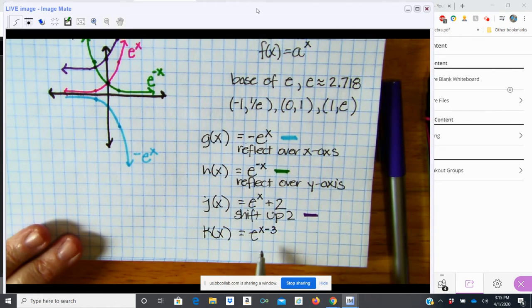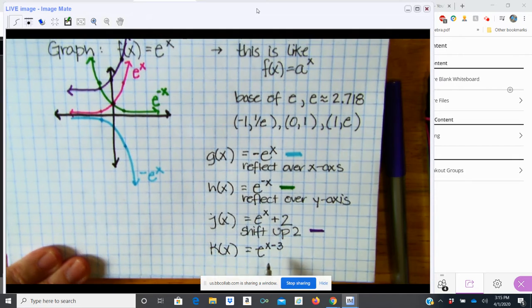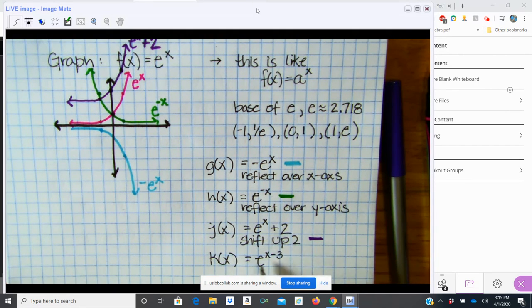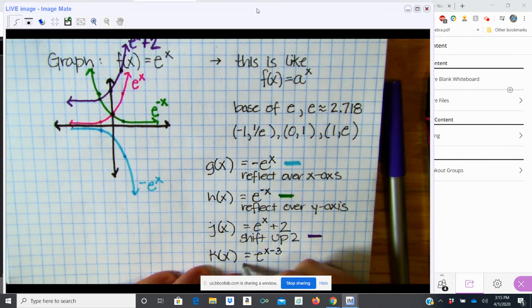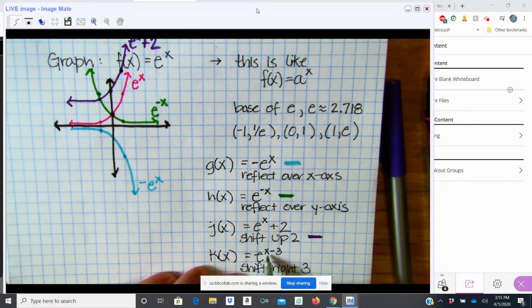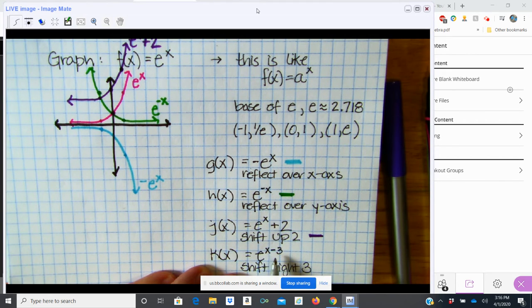When I keep the -3 in the exponent, what does that transformation do? Because I'm acting upon the x, it does the opposite of my intention, or the opposite of what it looks like.